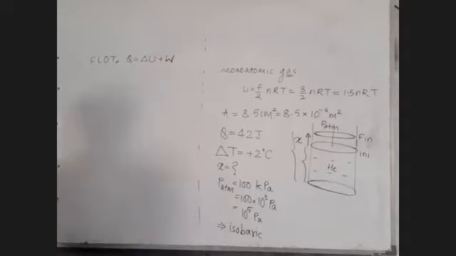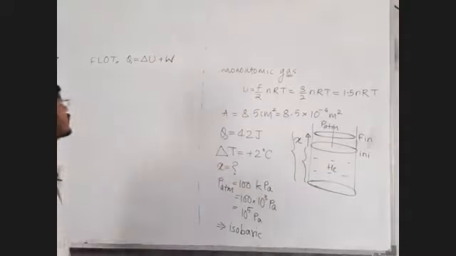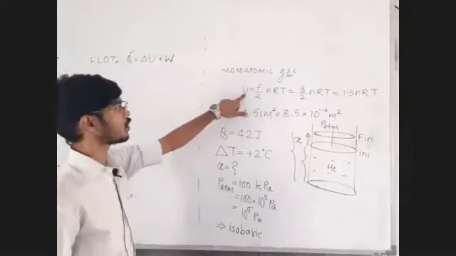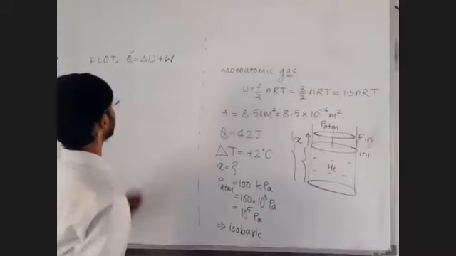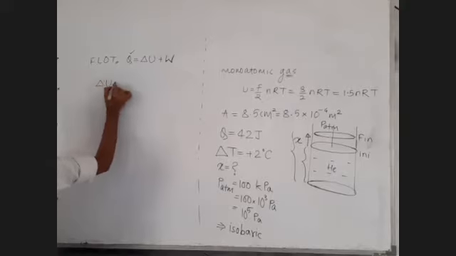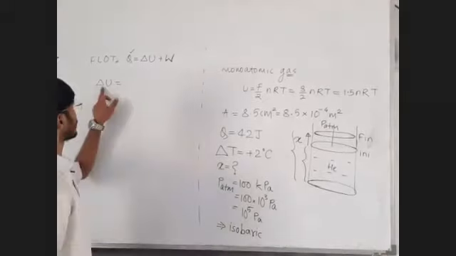Now the value of Q is given to us. But we are given the value of U, not delta U. So let us write down the formula that we know for delta U of gas. We are not writing delta U of 1 mole, we are writing delta U of gas.